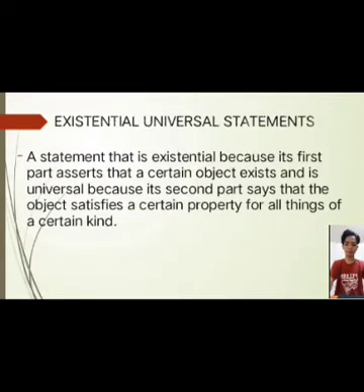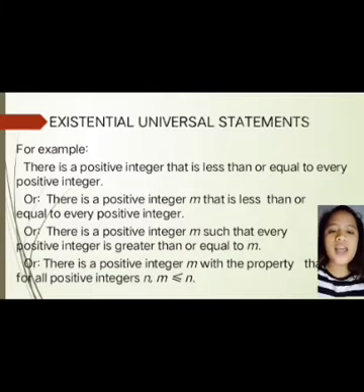Existential universal statement. A statement that is existential because its first part asserts that a certain object exists, and is universal because its second part says that the object satisfies a certain property for all things of a certain kind.